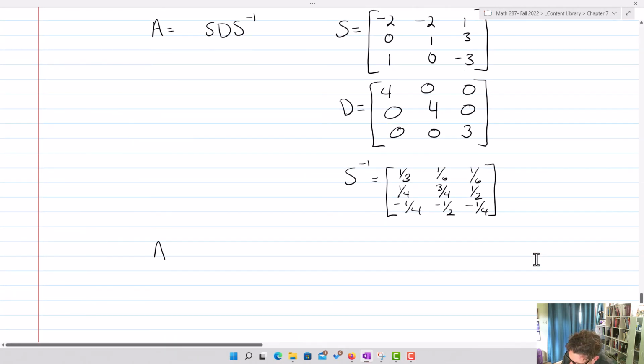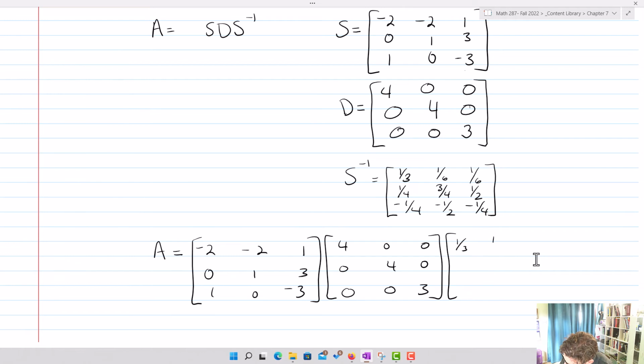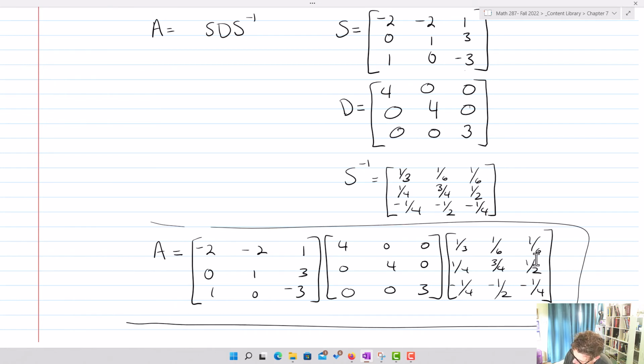So A, my matrix, is going to equal S, which is negative 2, 1, 0, 1, 3, 1, 0, negative 3, then 4, 0, 0, 0, 4, 0, 0, 0, 3, and then finally multiplied by 1/3, 1/6, 1/6, 1/4, 3/4, 1/2, negative 1/4, negative 1/2, negative 1/4. And that is called my diagonalization. There is the diagonalization of A.